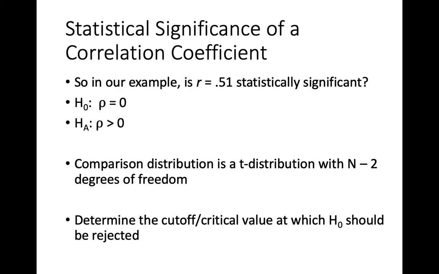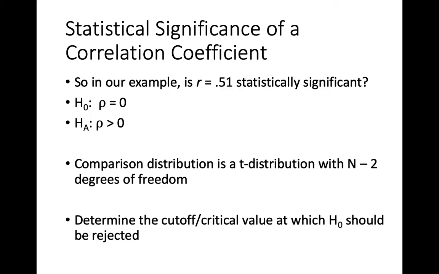Just like before, it's possible to have directional and non-directional hypotheses to perform a one-tail versus a two-tail test. Here we've got a directional hypothesis because we're predicting a direction of the relationship. We could, if we wanted, have a non-directional hypothesis test and just make the prediction that we believe that there's an association between these variables, and that association will be different than 0.